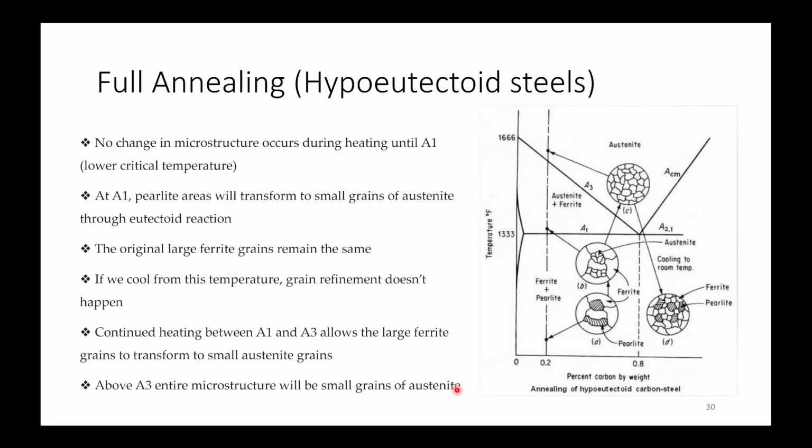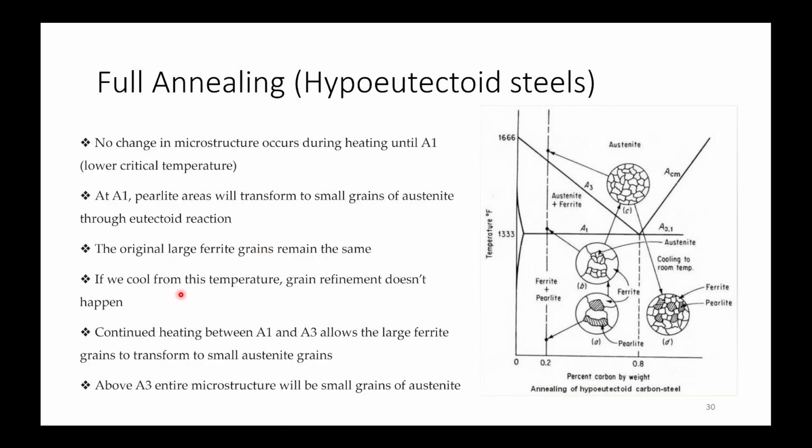For this, firstly no change in microstructure occurs during heating. We are heating steel from room temperature. Up to A1 there will be no change in microstructure, and at A1 the pearlite areas will transform to small grains of austenite through the eutectoid reaction, and the original large ferrite grains remain the same.